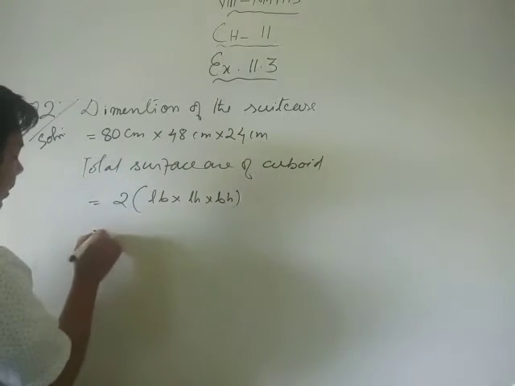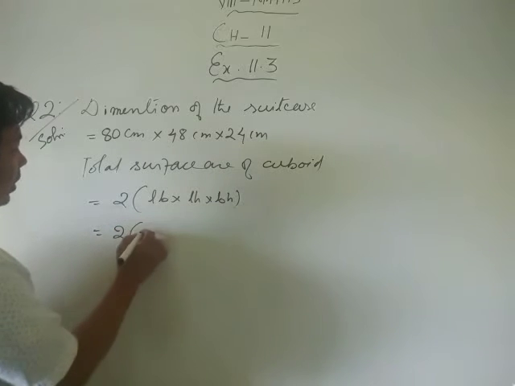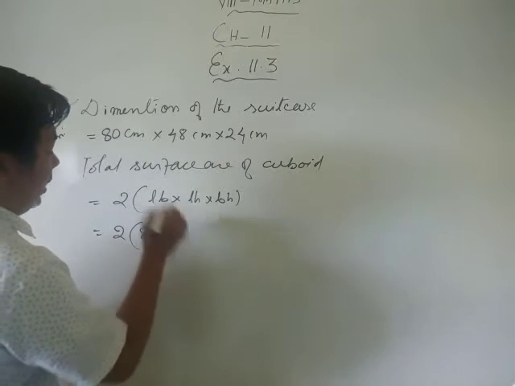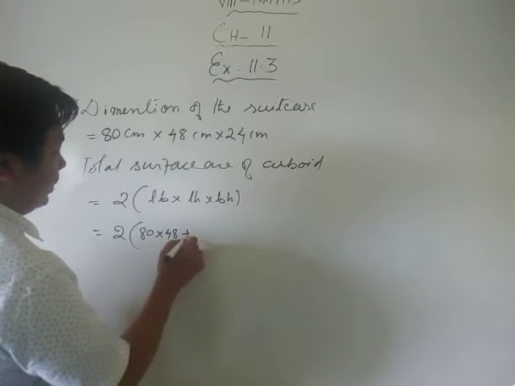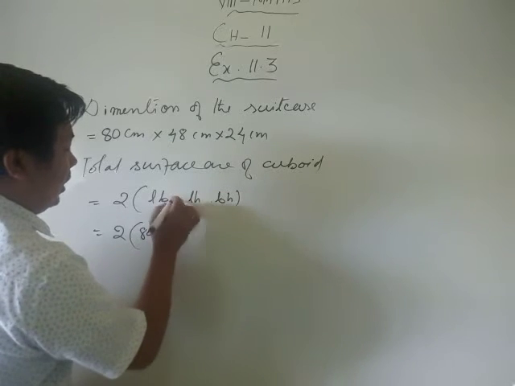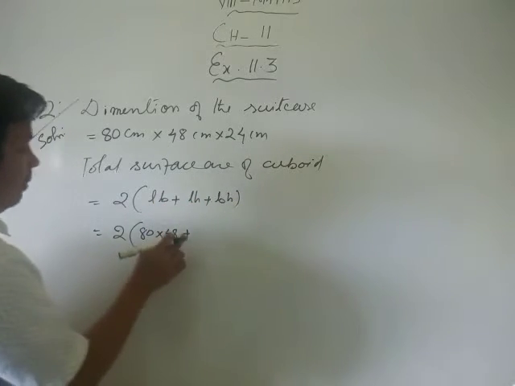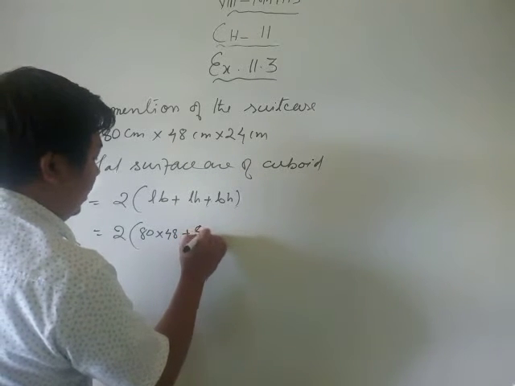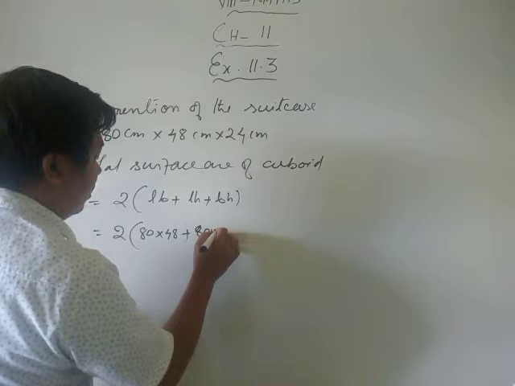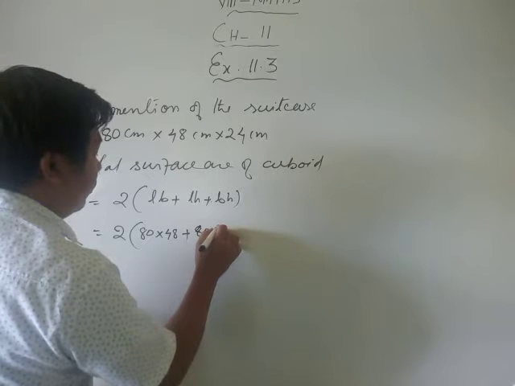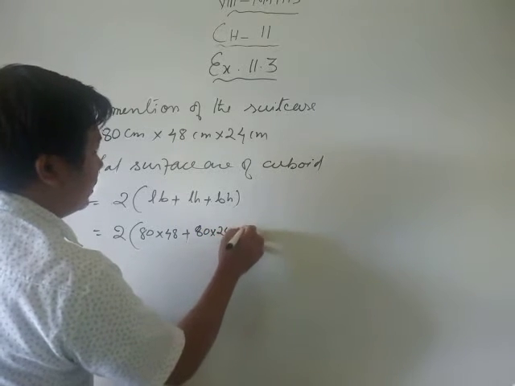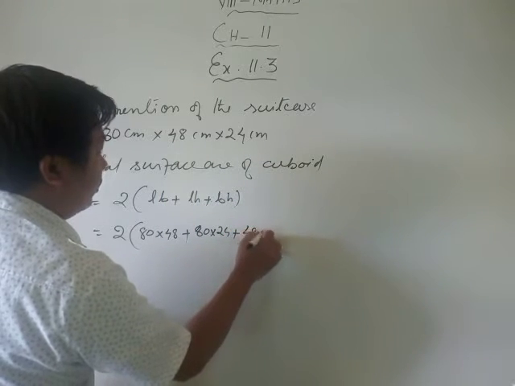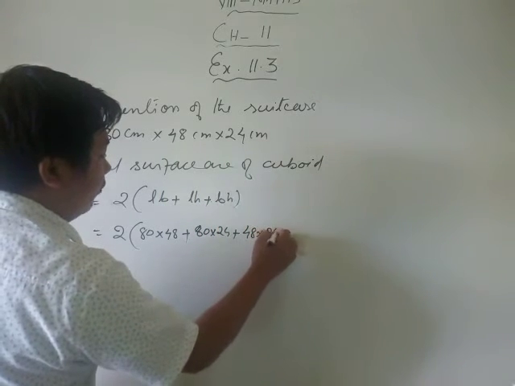So that means 2 into (80 into 48, plus 80 into 24, plus 48 into 24).